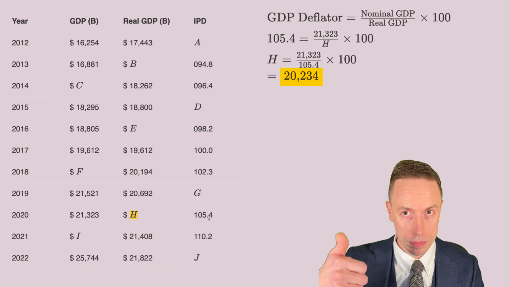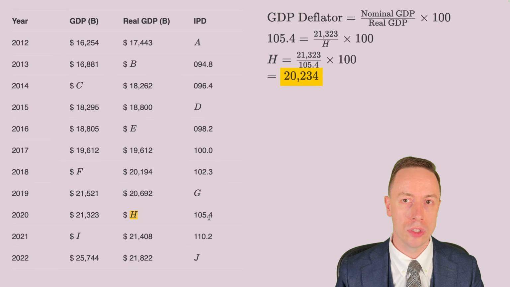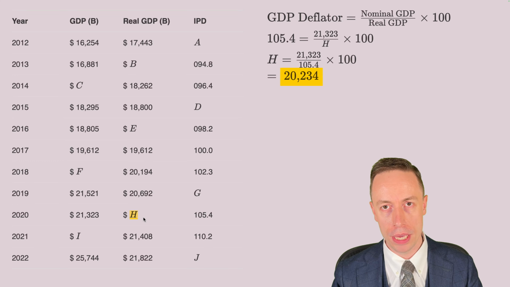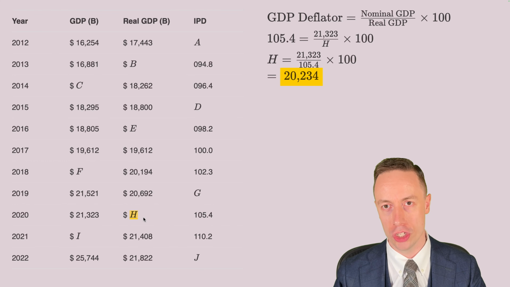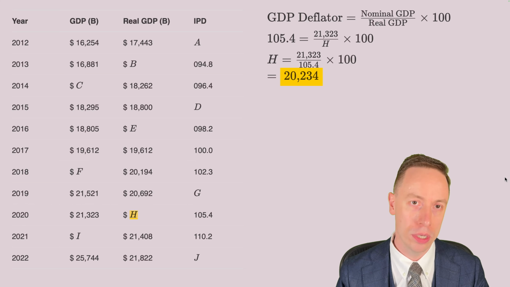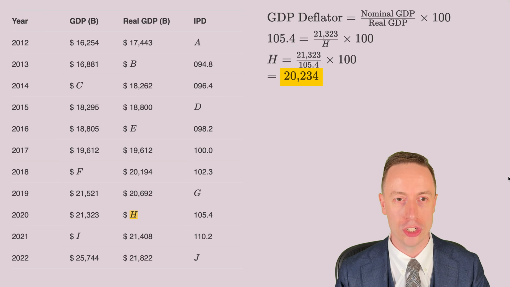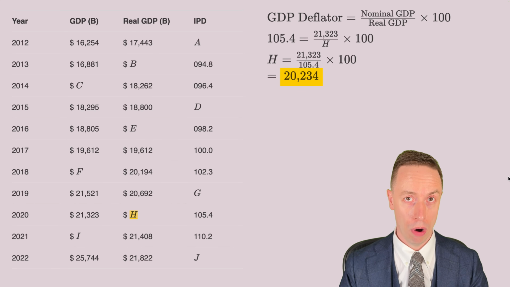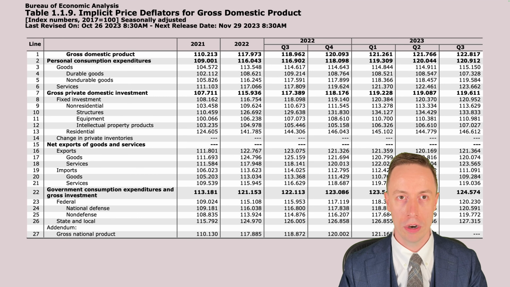Prices have gone up. That means nominal GDP is going to be a bigger number than real GDP, just like we saw on that FRED chart. So when you've got your answer, make sure it's a smaller number than the nominal number, otherwise something went wrong during the rearranging. All right, so this is how you do all three possible types of math.